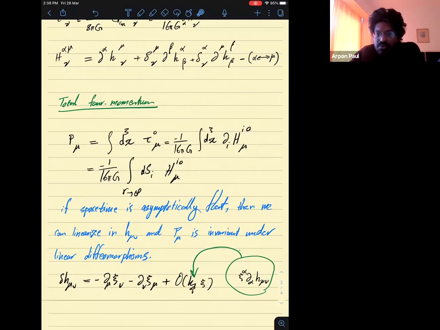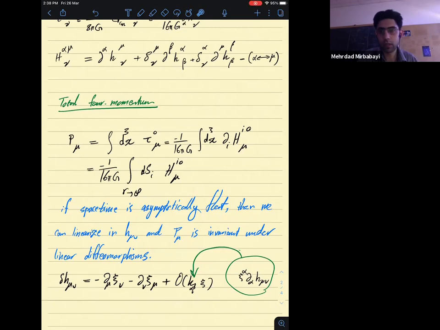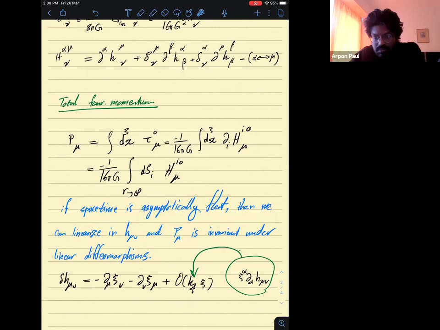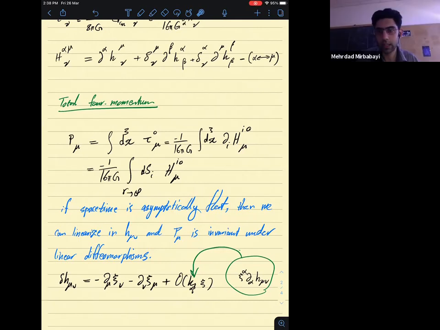I was just saying that if we keep the higher order terms, the lowest order term that will contribute to the change of P mu will be of size xi squared. Well, the xi squared terms I would get by integrating the linearized transformation. So if I establish that the linearized transformations leave P invariant, then it is invariant even when I integrate those.